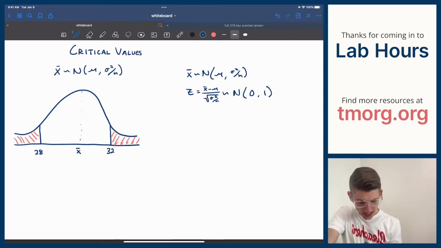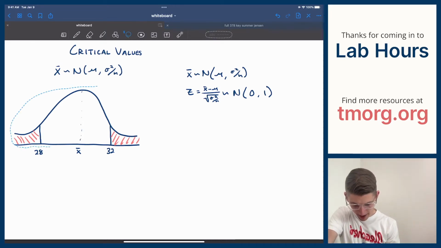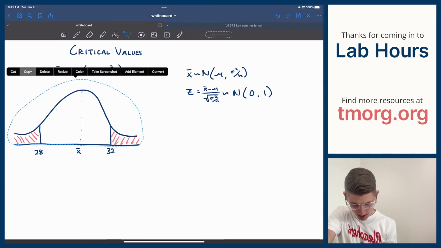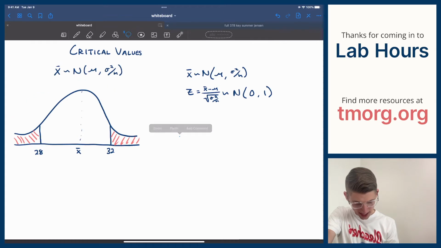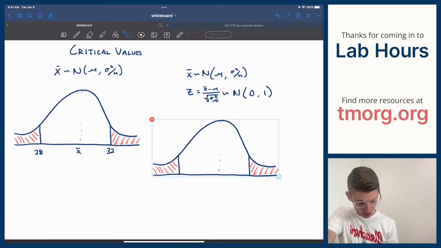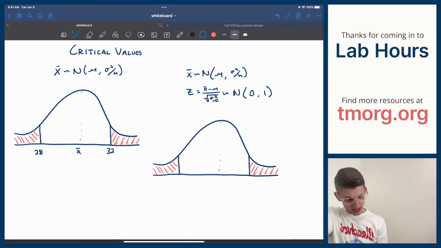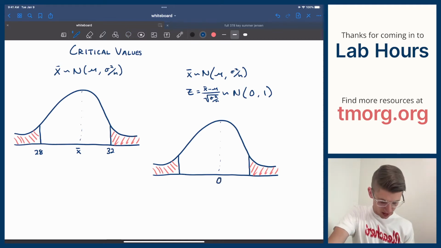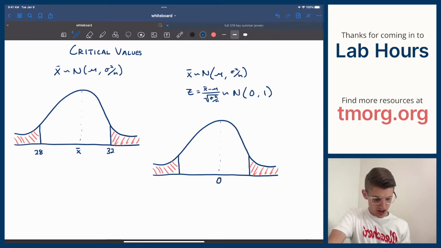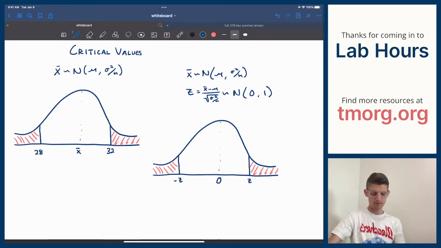And when you do that and you sort of copy this graph right here, I'm going to try to not pick up the little numbers at the bottom. Now what you get is the same graph, but you'll have different numbers. First of all, 0 is going to be in the middle here, right? And then you'll have some number here, and you'll have its negative version over here, right?